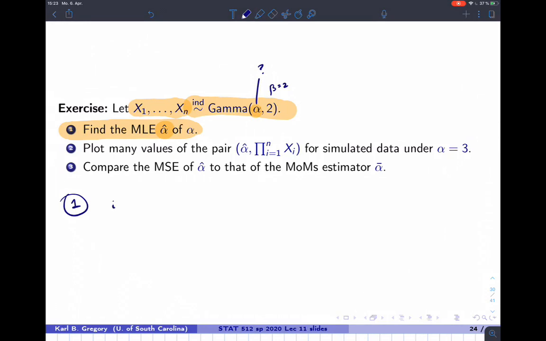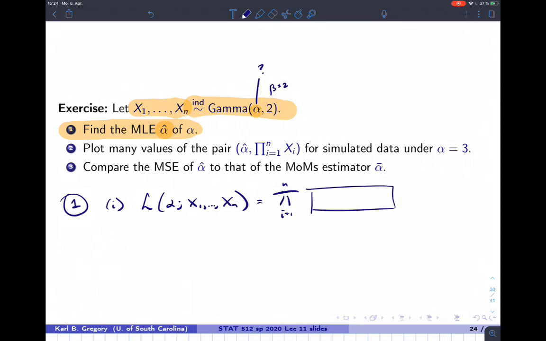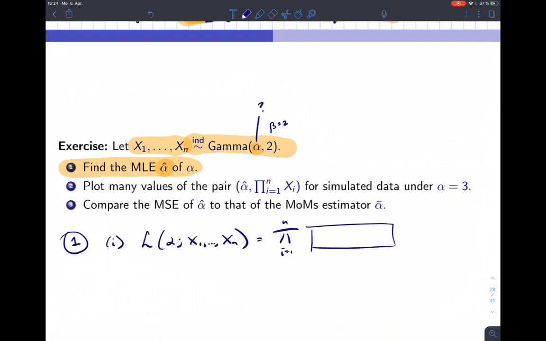So to find the MLE, we need to write down the likelihood function, which is going to be the product of gamma densities. So let me up here just write down the PDF of this gamma distribution, just to have it on the screen in front of me.